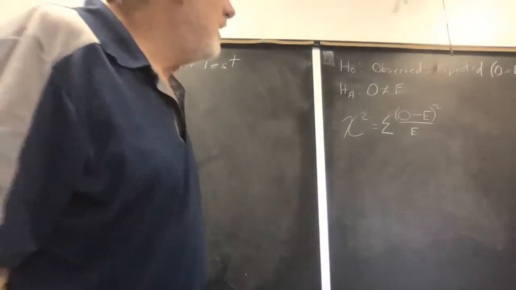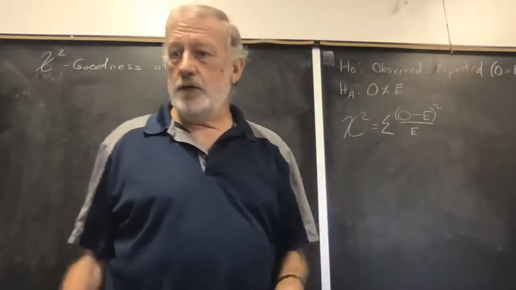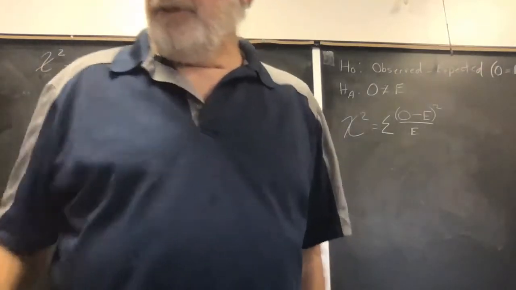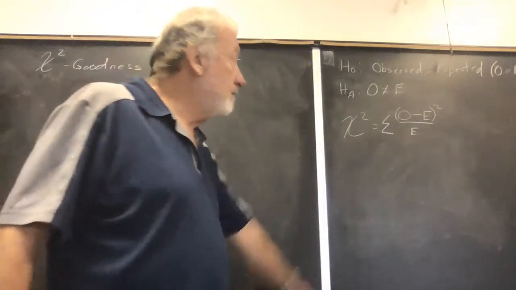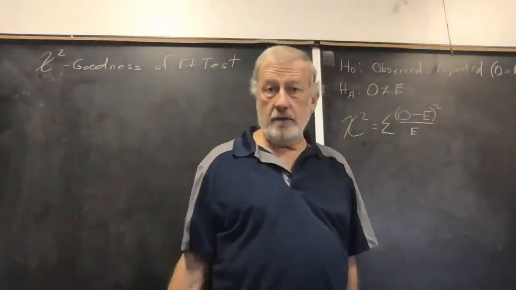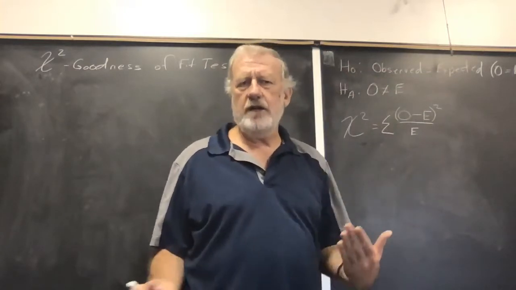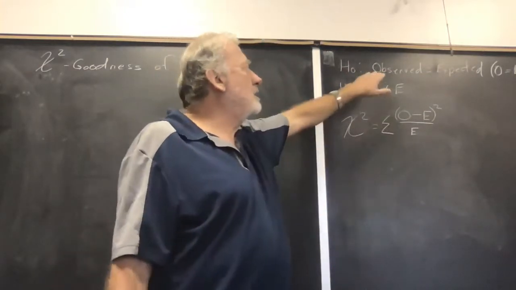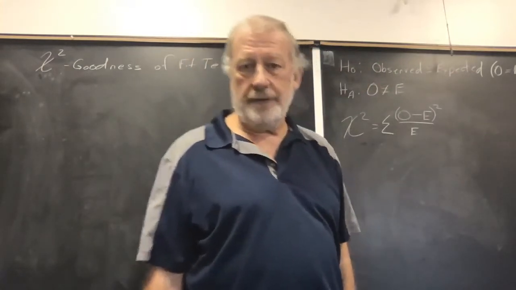And this value that we calculate, we will compare it to a value in table 3.7 at the bottom of page 68 in your textbook. If the value we calculate is bigger than the value in the table, then we reject our null hypothesis. If the value we calculate is smaller than the value in the table, then we say we fail to reject our null hypothesis. Okay?